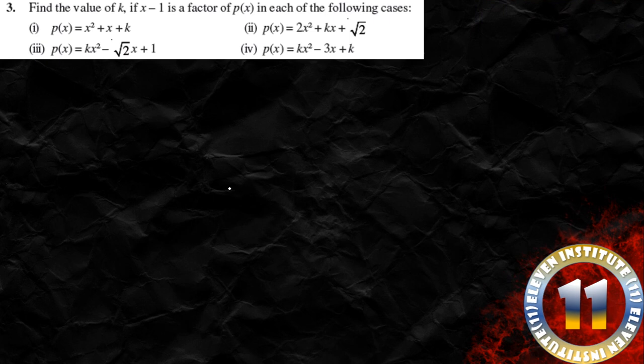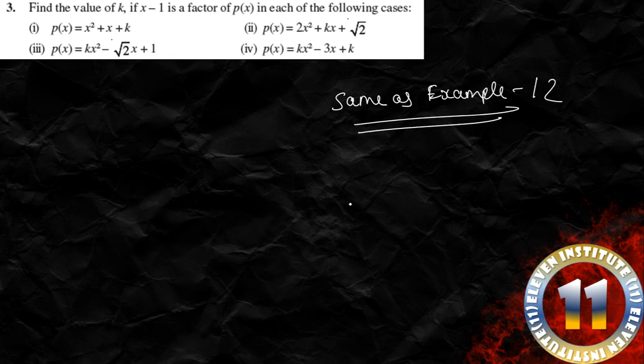Let us now move ahead and see main question number 3. This is same as example number 12. Right? What you have to do is here x minus 1 is a factor of p(x).